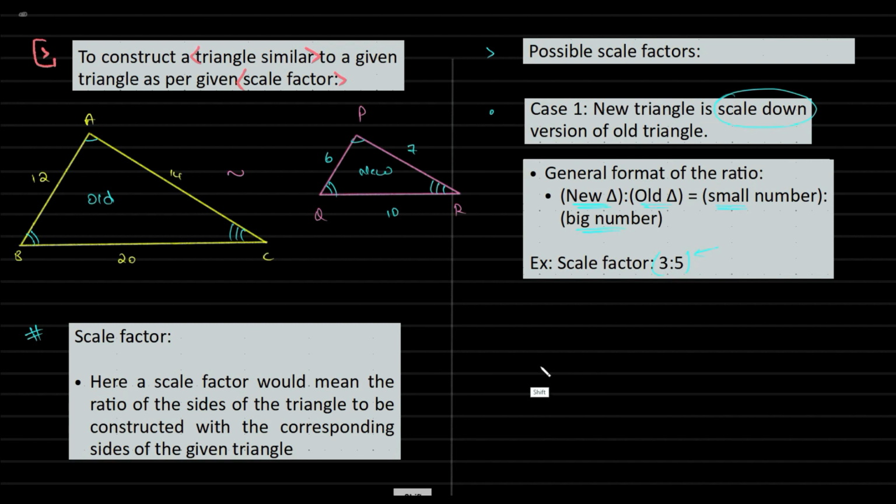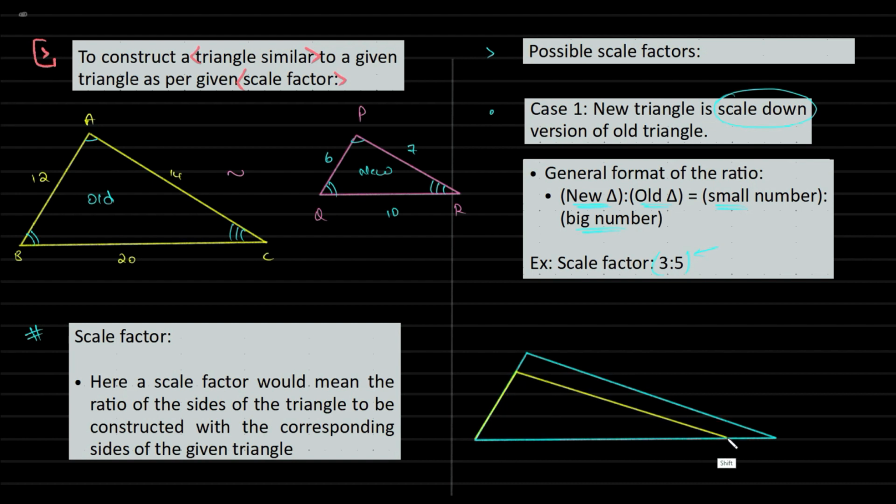Say I have a triangle which looks something like this. Right? And they want a scaled down version of this. So how will you construct this? You will construct a triangle something like this.